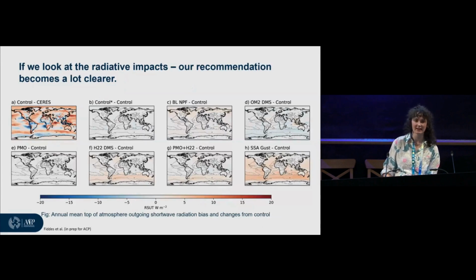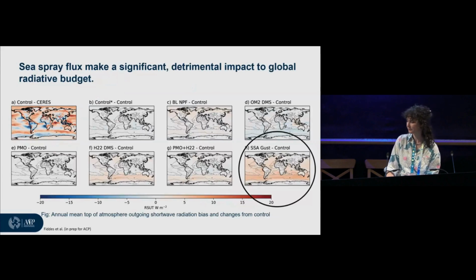So we're looking at the radiative impacts that these changes in aerosol make to our model. This plot here is the annual mean radiative bias. You can see our Southern Ocean bias here in blue is standing out a bit less when you look at the annual mean.